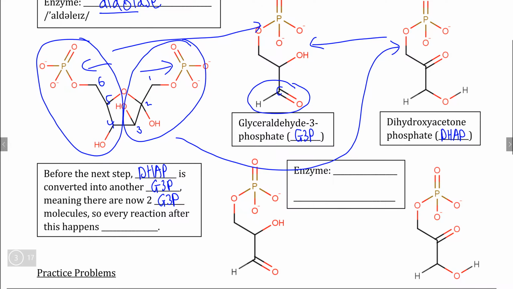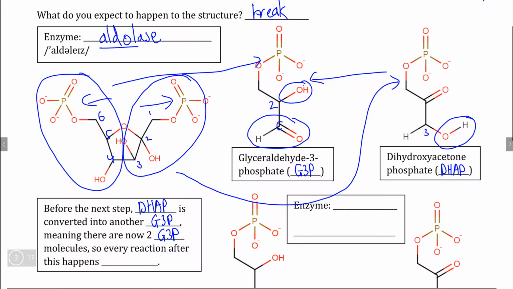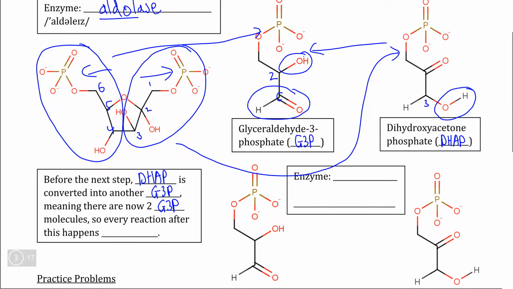And the mechanism of doing this is basically taking this OH group, which we would normally find on carbon 3, and moving it to become an OH group on carbon 2 instead. And the reason behind this will become evident in the second half of the glycolysis process here.